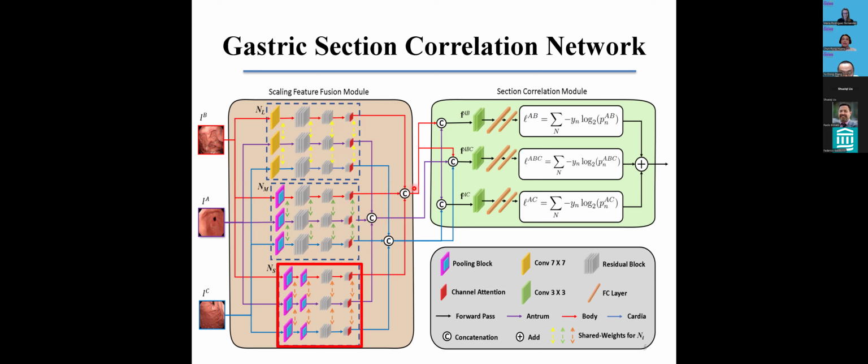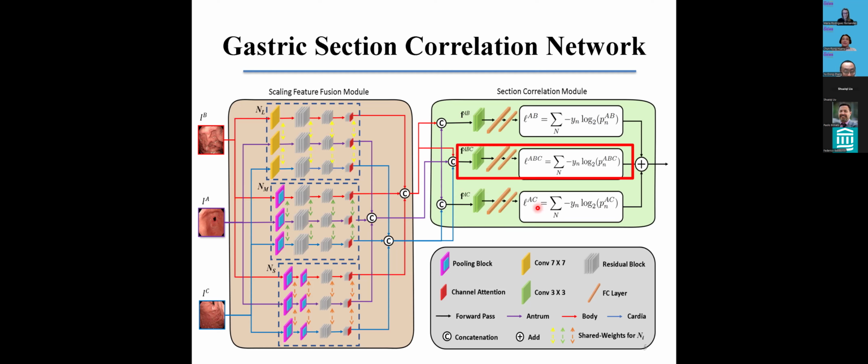Now after we get the features from the entrance, body, and cardia, we want to consider the correlations among different gastric sections. So the features of these gastric sections are sent to the section correlation module. For the first one, we consider the features from entrance and body for the CGI diagnosis. And then we consider the features from entrance and cardia, also for the CGI diagnosis.